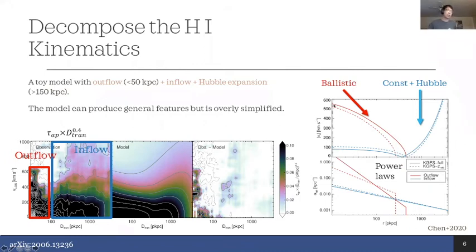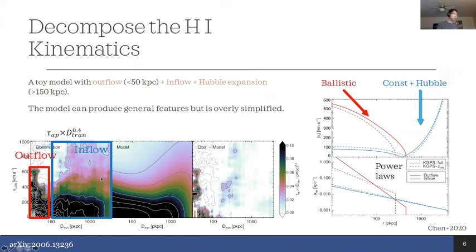For the outflow the model is ballistic, and for the inflow it's a constant inflow velocity offset by the Hubble expansion. We fit it to our observation, and you can see that the model is doing a relatively good job here. We can also further constrain which part of this map is dominated by outflow and which part is dominated by inflow.